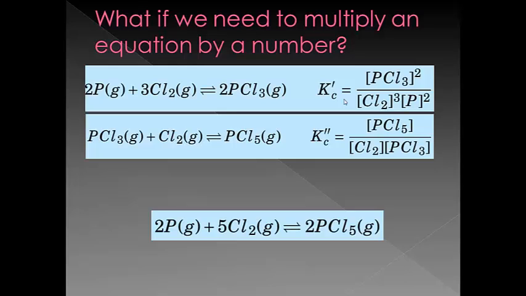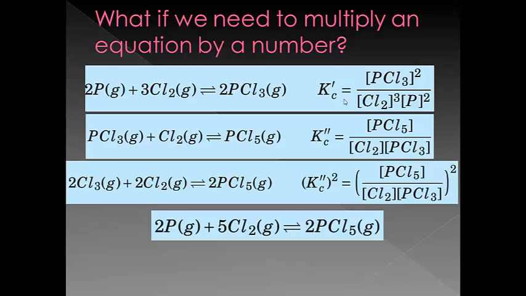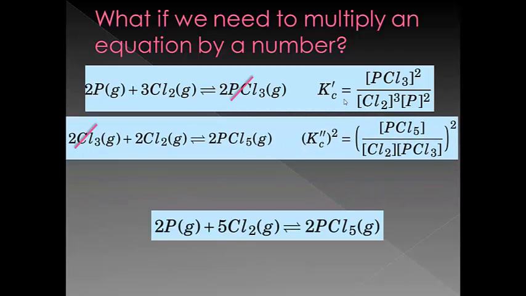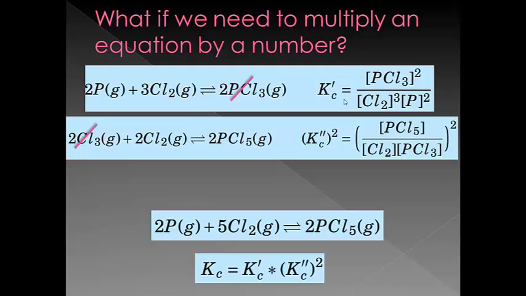If we're going to do this, it will definitely change the Kc. Whatever number we multiply the equation by will become the exponent on the Kc. So let's multiply the equation by 2, thereby squaring the Kc. Now we can cancel out the phosphorus trichlorides and multiply the resulting Kc's together.